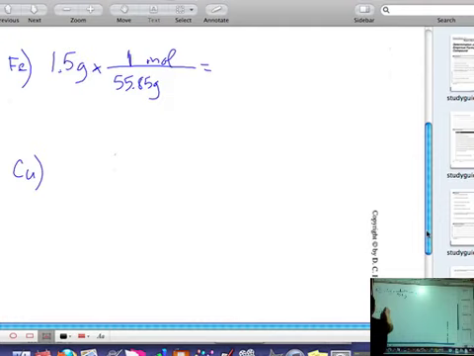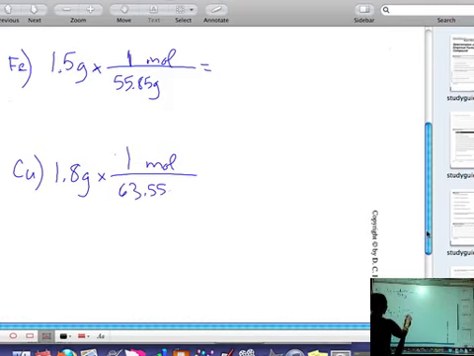And then let's say I've got copper is 1.8 grams. That's going to be times the same thing, 1 mole, only we're talking about copper, so it's going to be 63.55 grams. Let me quickly do that math.